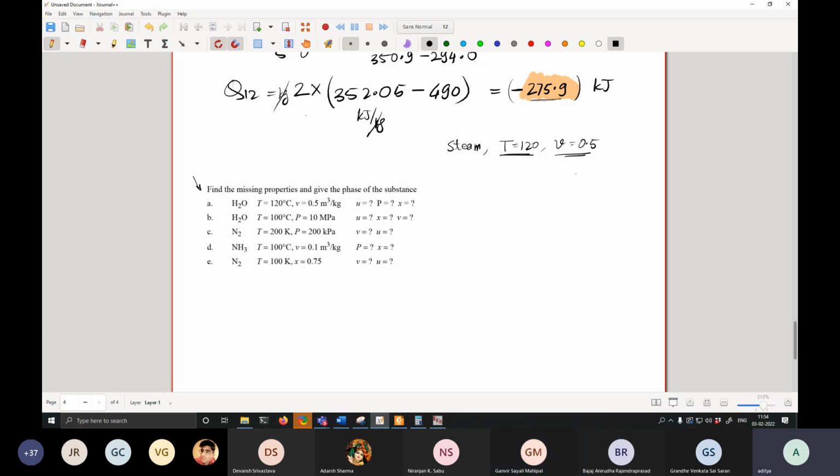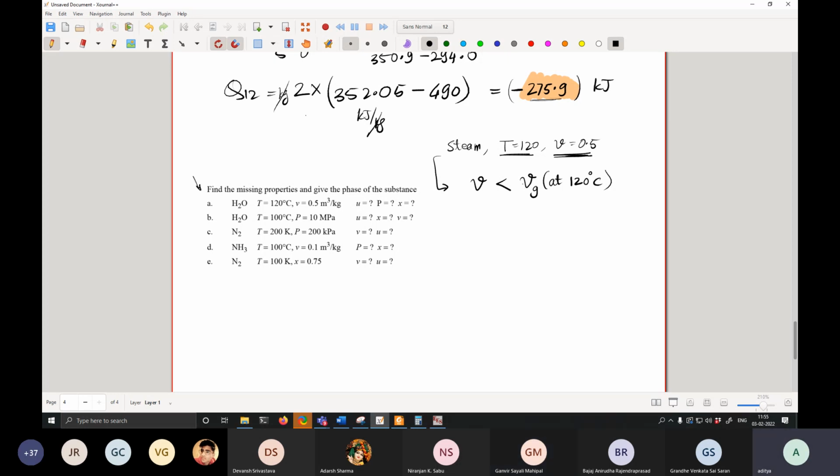You're assuming that the specific volume of the vapor is 1. It may be correct, it may not be. You must first see whether V under question is less than V of the vapor phase at 120 degrees Celsius. Is that what you wanted to say?